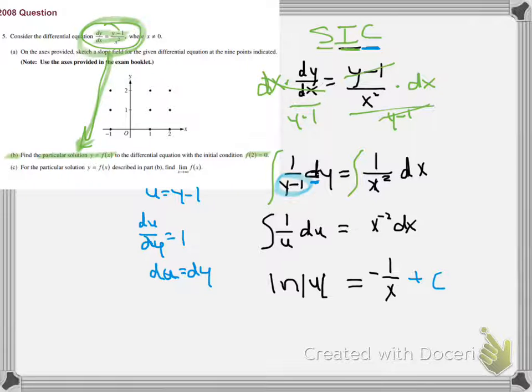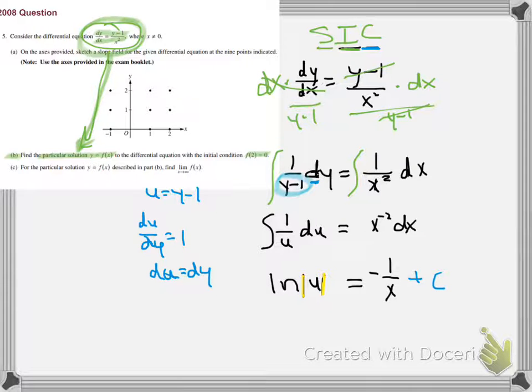If you think about it, we have to have that absolute value there, because what if u is a negative value? We can't take the natural log of a negative number, any log of a negative number. That's why those absolute value signs have to be there. And I'm wondering if this is what caused a lot of our problems.